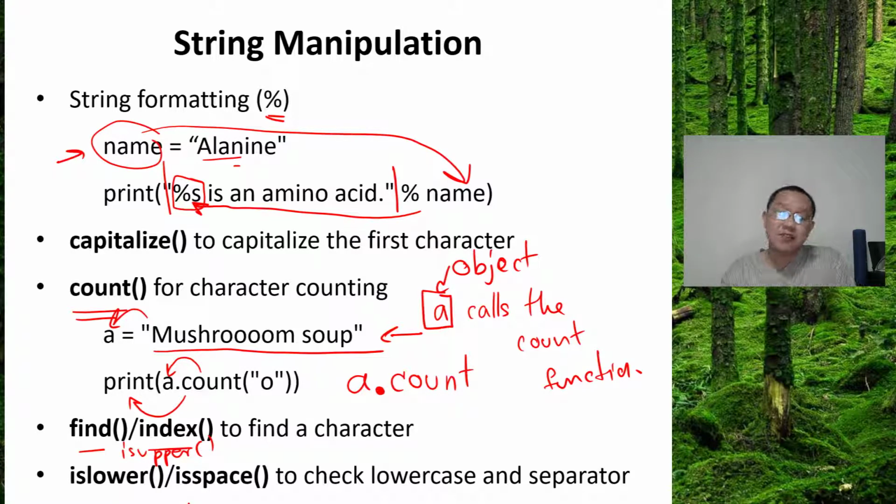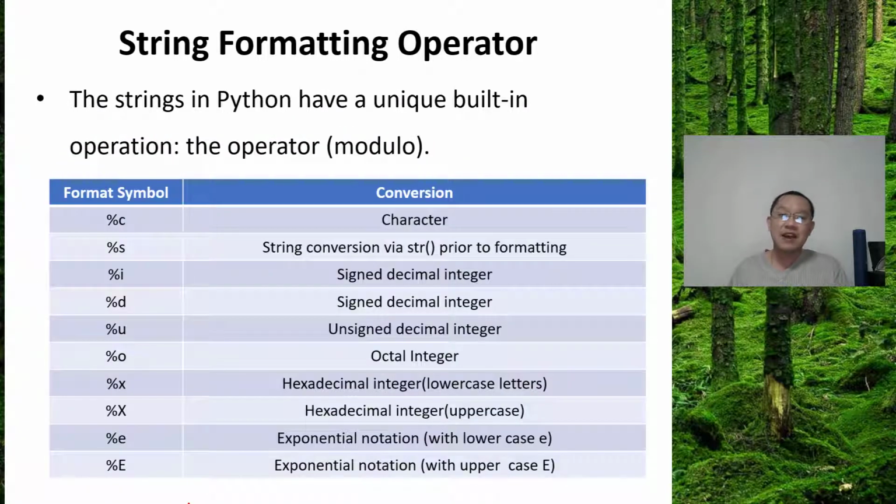Isspace is also a function to check whether in the string there is any separator or special character or not. And these are examples of the string formatting operator.